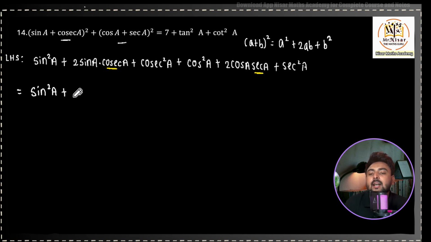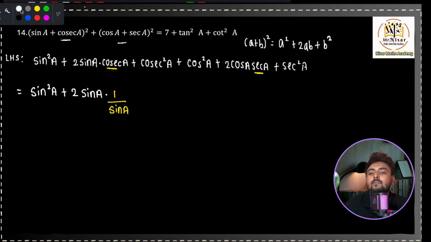Okay, I'll just change that step here. 2 into sine A, cosec I'll write as 1 by sine A. The remaining I'll keep as it is.